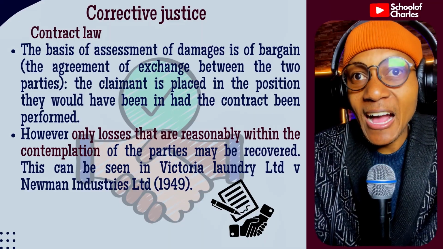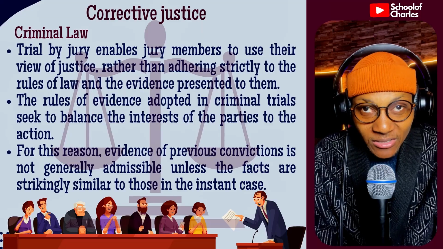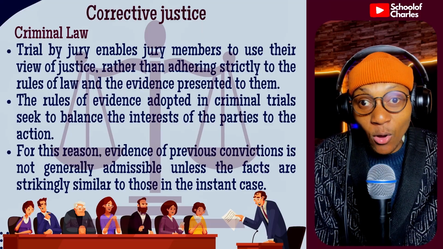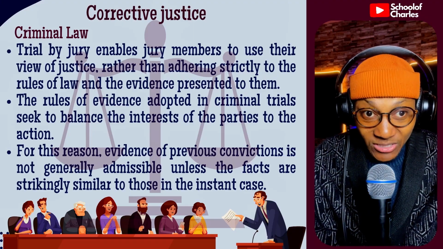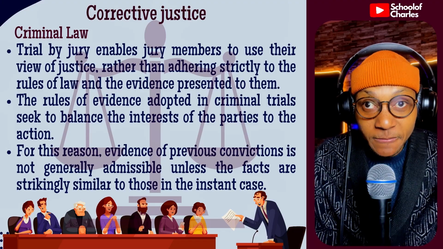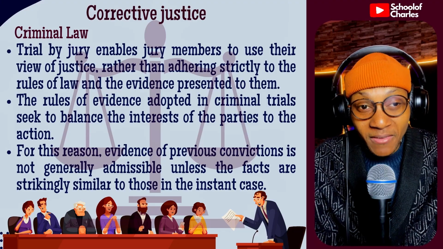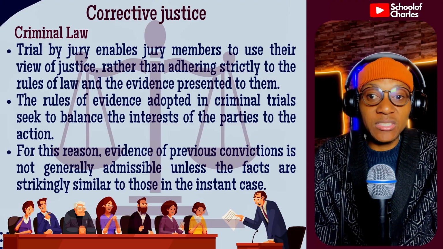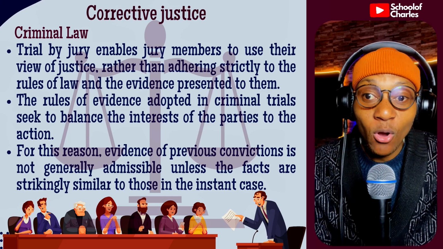So let's look at criminal law, right? And we're still under corrective justice. You know, there's a trial by jury, where we have a jury or a pool of people who will decide the verdict of the case after hearing the case. So a trial by jury enables jury members to use their view of justice. It's different from one judge sitting on a bench who decides whether a person is guilty.